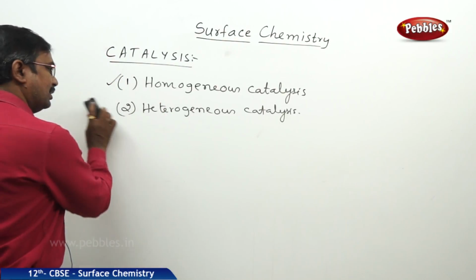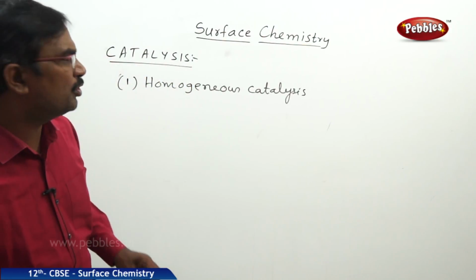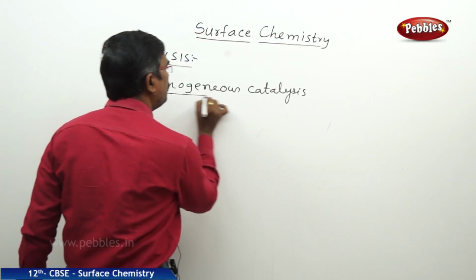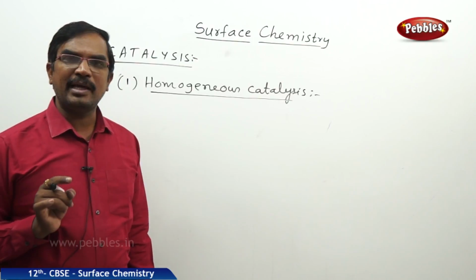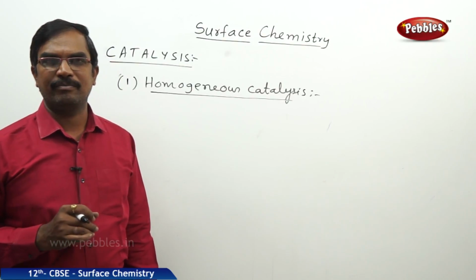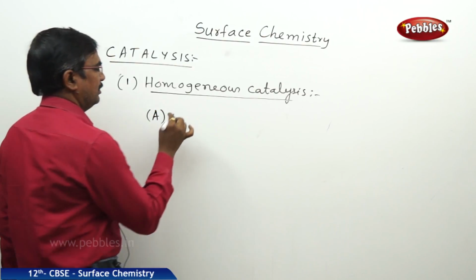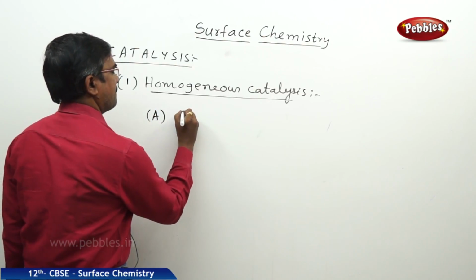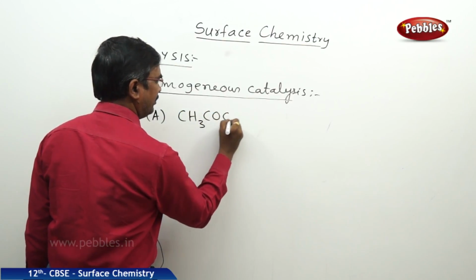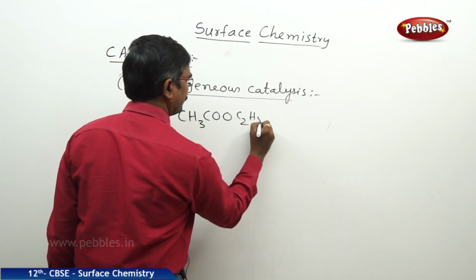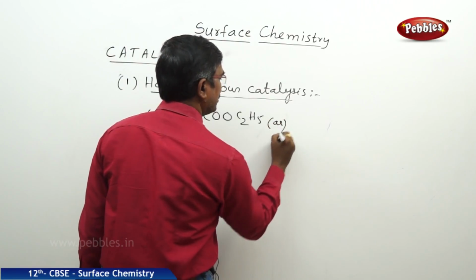So let us discuss all these with suitable examples. Take the first case, homogeneous catalysis. In homogeneous catalysis, as I just told you, the physical states of the reactants and the catalyst will be the same. For example, the hydrolysis of an ester. Here I am taking the ester ethyl acetate in aqueous medium.